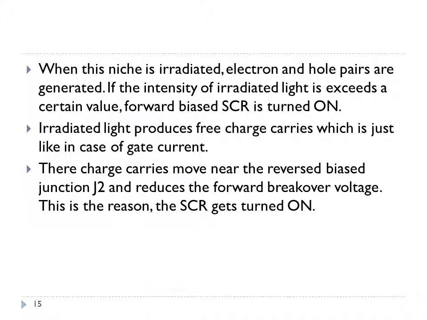Irradiated light works the same as when we provide the gate pulse. That is, irradiated light produces free charge carriers, just like in the case of the gate current. These charge carriers move near the reverse biased junction J2 and reduce the forward breakover voltage. This is the reason the SCR gets turned on.